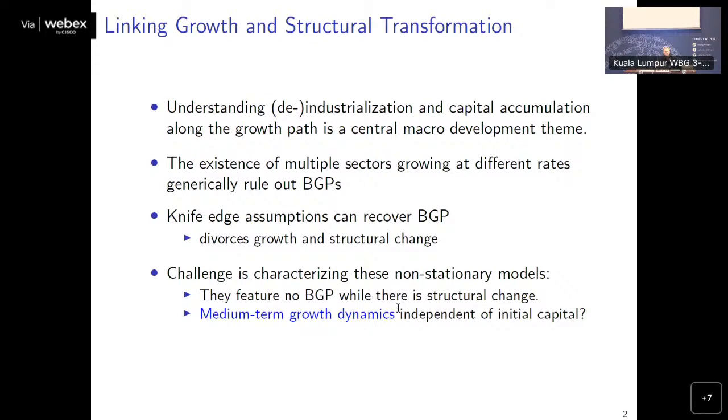There's two ways to look at a balanced growth path. The first is that a balanced growth path is useful if we believe in Kaldor's stylized facts. We believe that if all these ratios are constant, then you can really buy into a balanced growth path.